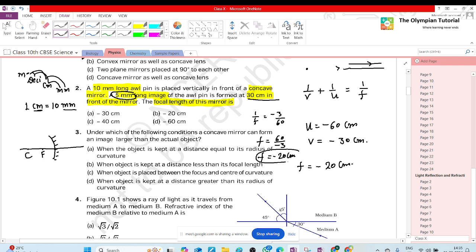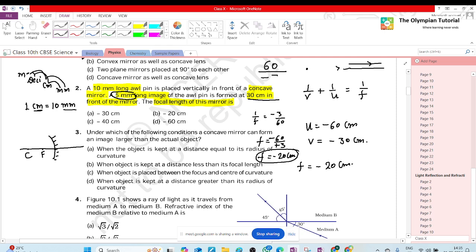Yes, ma'am. I just wanted to know if the signs will change, like minus 3 will become plus when it's going down. If you are making it plus, then 60 will become negative. Yes, it is possible. But the answer won't go wrong, right? The answer would be minus 20 centimeter, regardless of whether I change it or not.